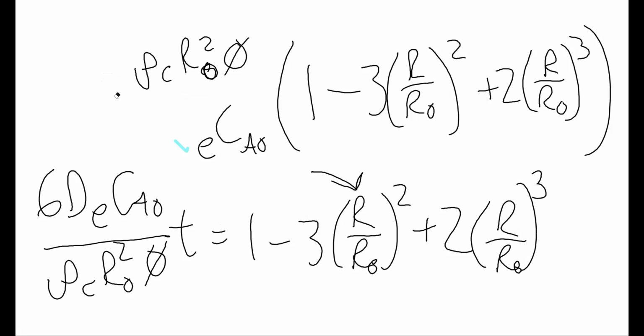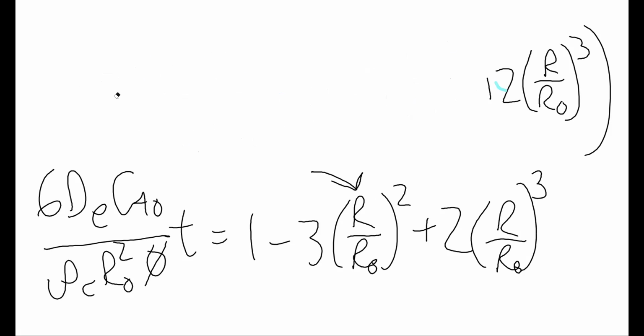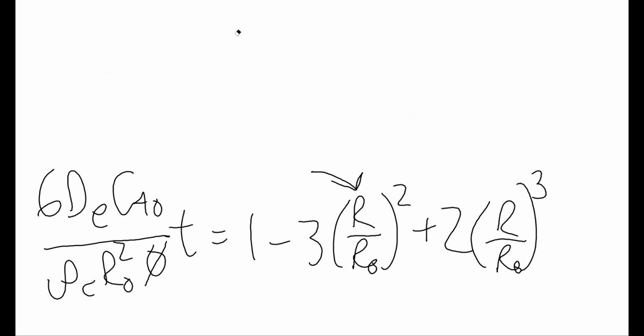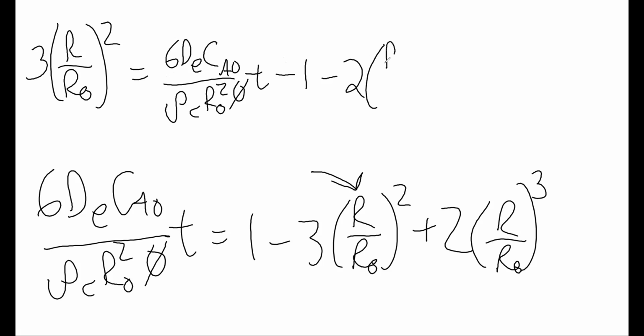Let's see how I could do this. We'd have been smart to do this in OneNote instead, but oh well. We're already in motion. So if I try to get that middle term, the 3r over r naught squared, by itself, that would look something like that.